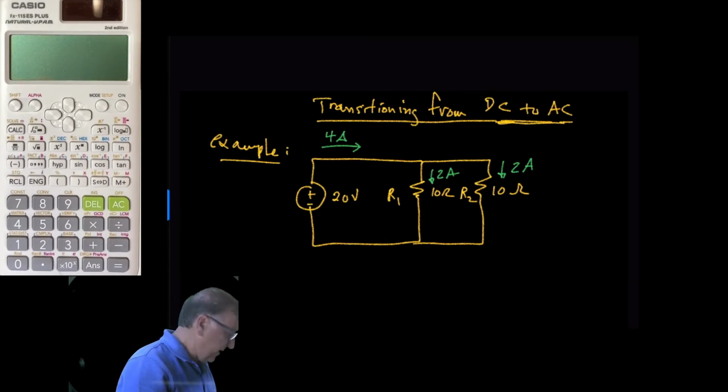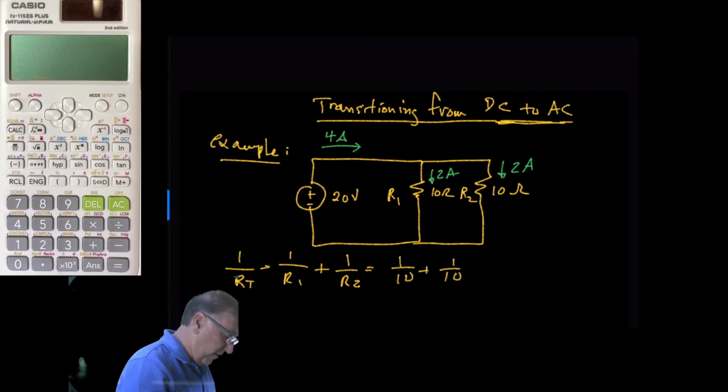We can calculate the total resistance for the parallel combination. 1 over R total equals 1 over R1 plus 1 over R2, which equals 1 over 10 plus 1 over 10. So 1 over R total equals 2 over 10, which is 1/5.